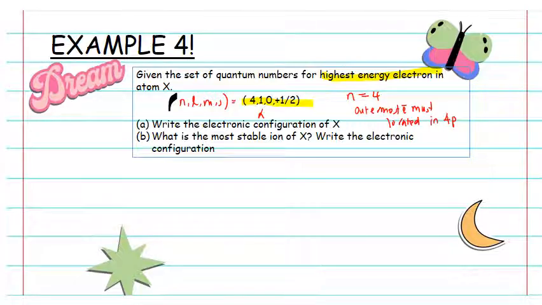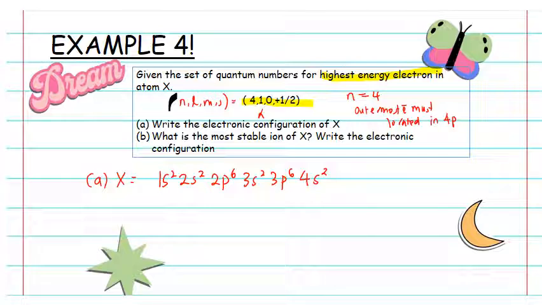Therefore kita dah boleh tulis kita punya electronic configuration bagi X equal to 1s2, 2s2, 2p6, 3s2, 3p6, and then lepas 3p6 of course kita kena masuk 4s, so 4s2. After 4s2 kita kena tulis 4p terus ke?